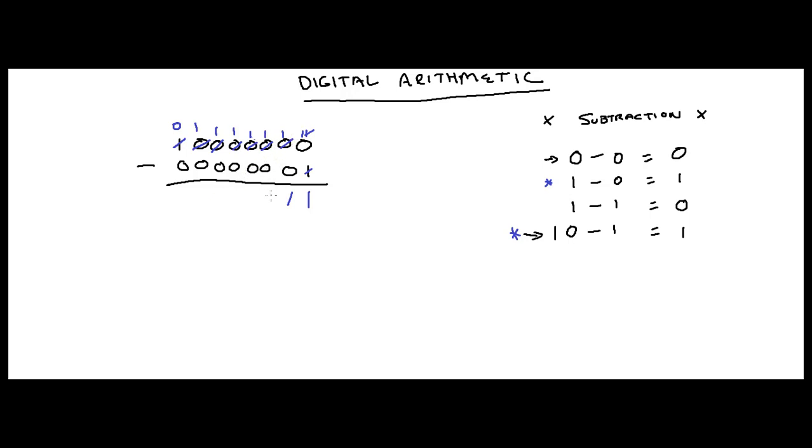So you have a 1 minus a 0, that's a 1. A 1 minus a 0, that's a 1. It goes all the way along. 1 minus 0, 1 minus 0, 1 minus 0. And here you have a 0 minus a 0, which is a 0, right? So just looking at this makes perfect sense.